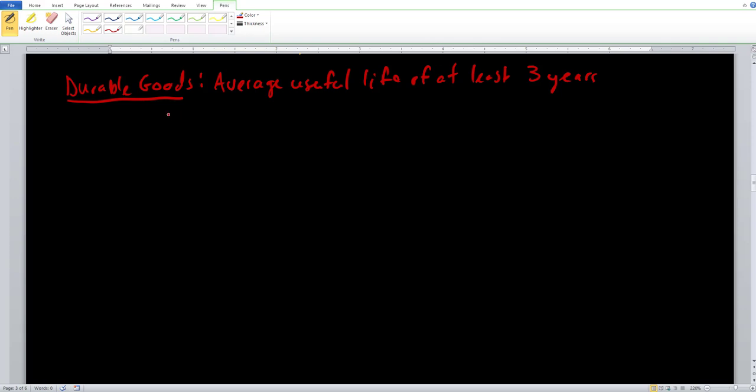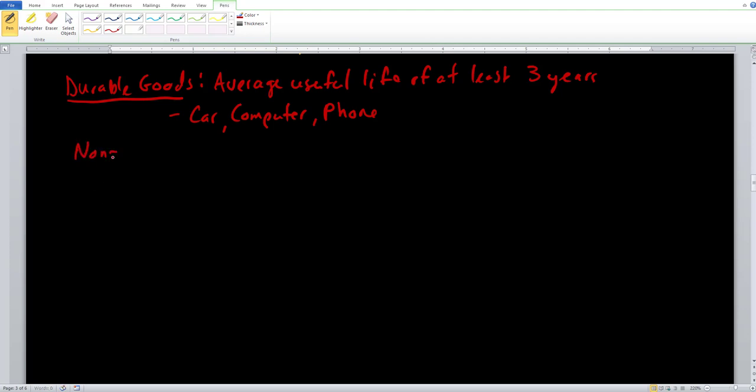So what are a few examples of durable goods? We can say maybe a car, a computer, maybe a phone. Hopefully you don't buy a new iPhone every single year, but these are big ticket items that we typically buy, and they should last us on average at least 3 years. We can say refrigerators, washing machines, dryers. This would all fit under the idea of these durable goods.